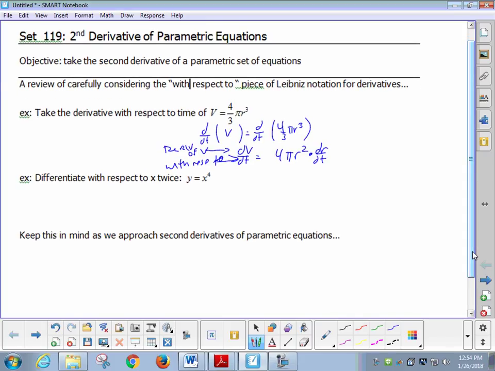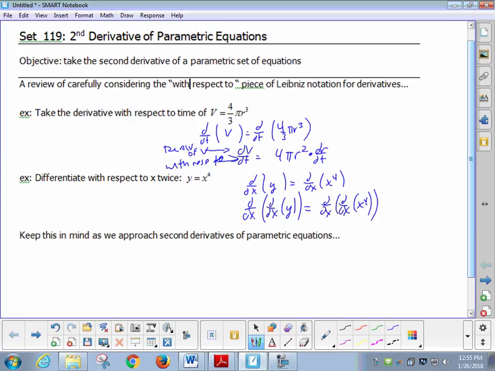In order to prepare for today, let's talk second. If I took the derivative with respect to x of both sides of this twice, then I would take the derivative with respect to x once, and then if I didn't simplify, then I suppose the notation would look something like that. The derivative with respect to x of the derivative with respect to x of y, and this would be the derivative with respect to x of the derivative with respect to x of x to the fourth.